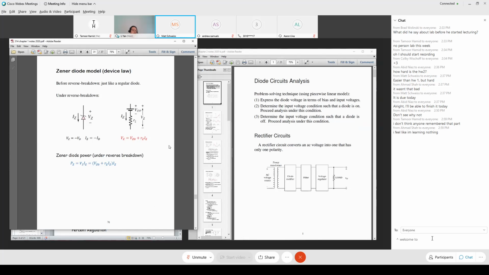So we're modeling it as a resistor and a voltage source? Yes. Does this assume that current is flowing in a particular direction through the diode? Yes, always. The Zener current is pointing from this side to this side. Zener current goes this way, and the Zener voltage is defined as plus and minus.